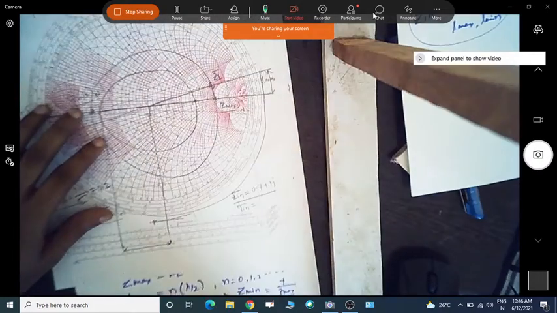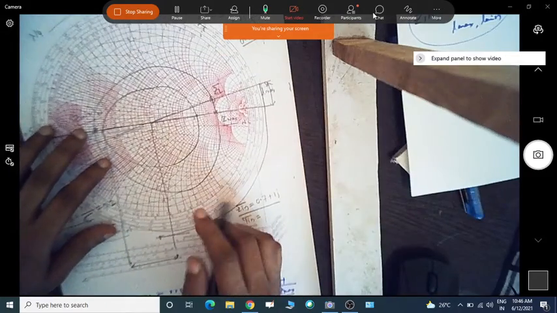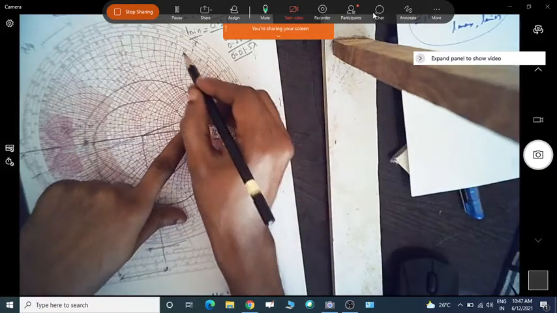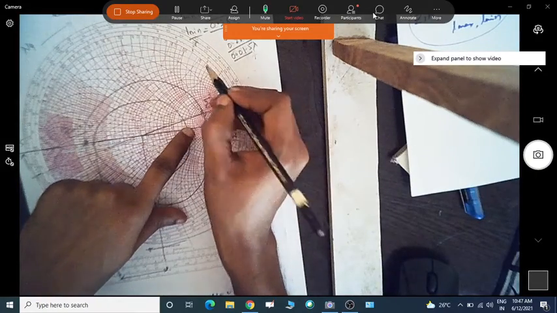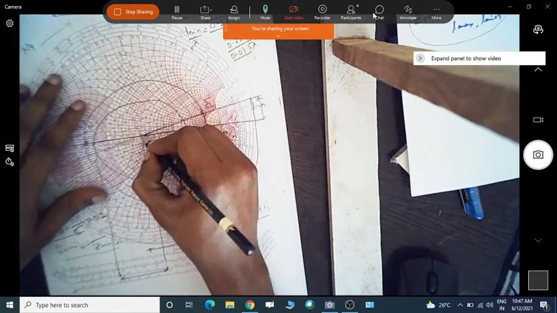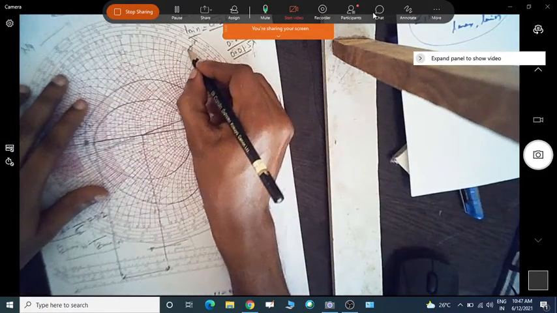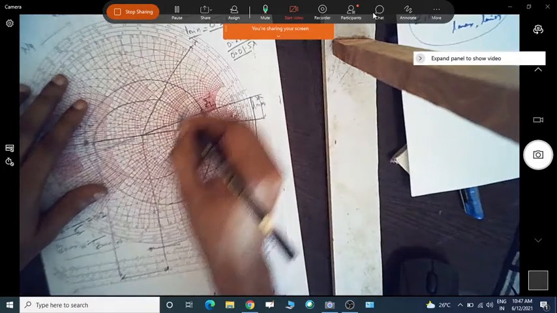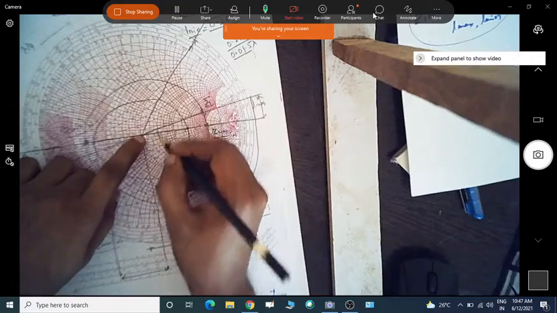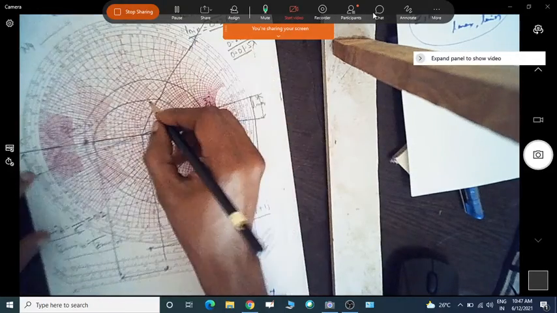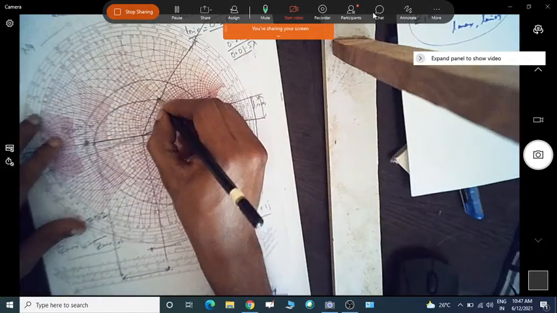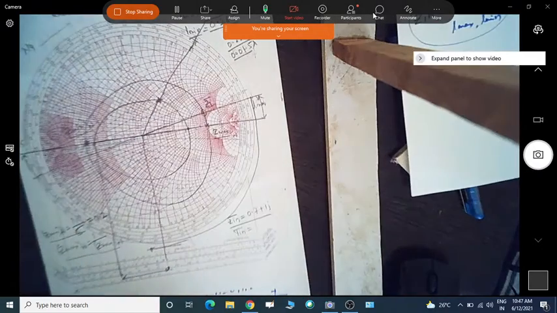Now we can see the angle which is given as 50 degree. From this point, which is 0 here, take the 50 degree angle. So we have 50 degree here. Now draw a straight line from the center of the axis to the 50 degree, and where it meets the circle, this point will give your input impedance.